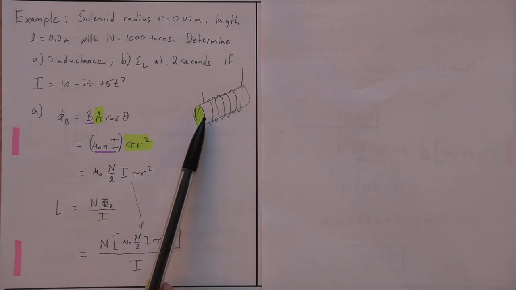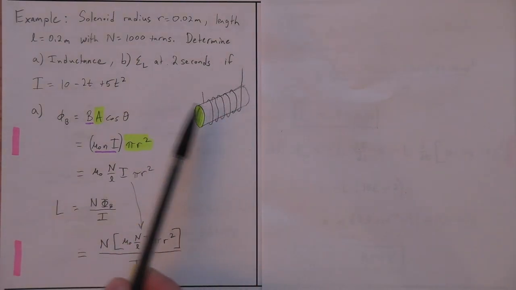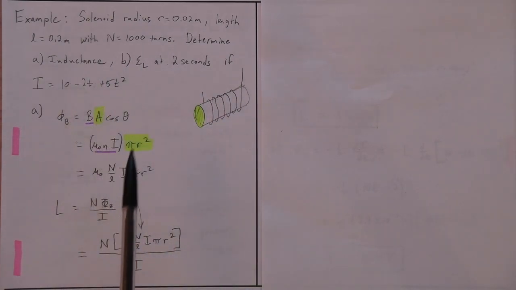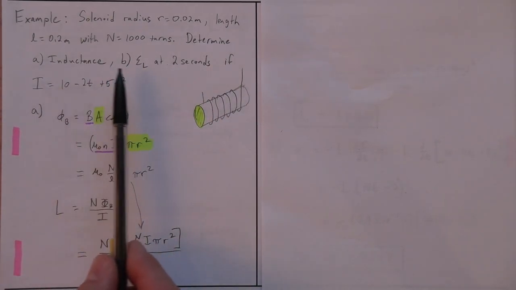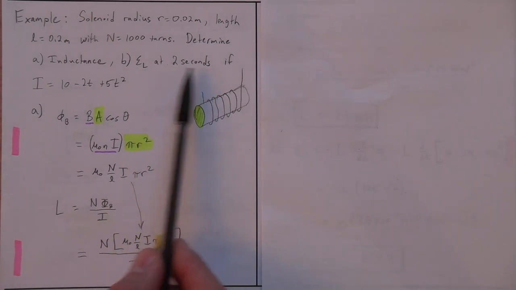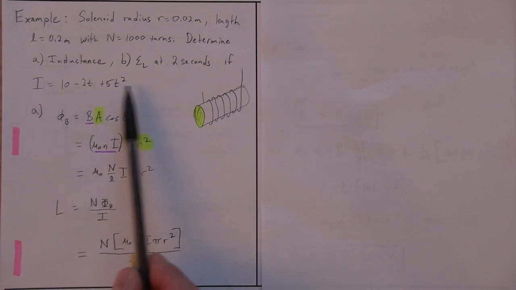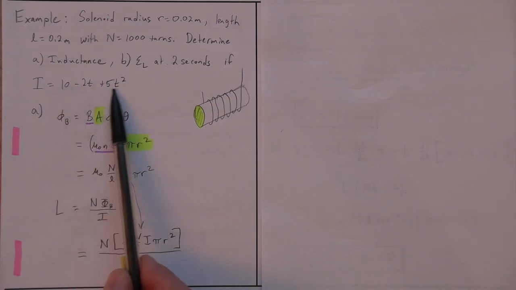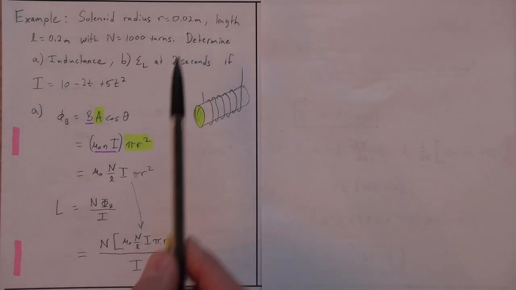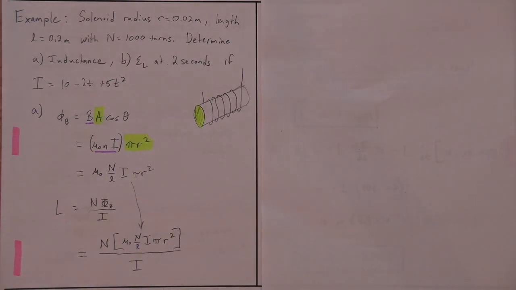So I drew a few turns on my solenoid, but in our real solenoid, the wire wraps around 1,000 times. So we're going to determine the inductance and the voltage in the inductor at 2 seconds if the current is given by this expression. So notice the current is some kind of parabolic function. It's going to start at 10 amps and go like this if we were to plot it, but not necessary.